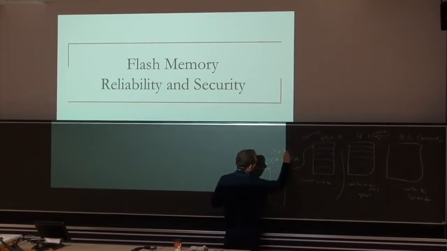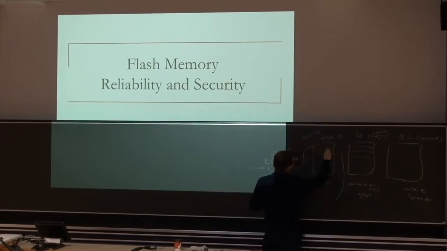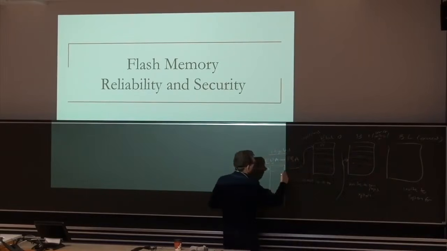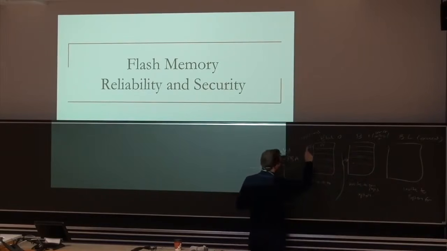Because you're doing read and write operations at the page level. You basically write to this page 0 in block 0, which means that you read the data, you modify one bit, and you write the page to the next available physical page in the block that's open for writing, which means that you need to change this pointer in the flash translation layer from here to here.